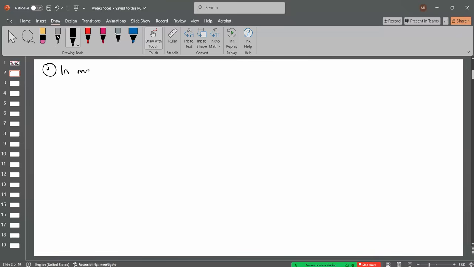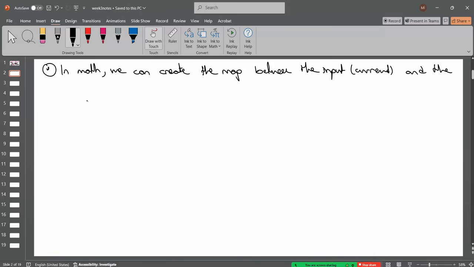In the math or mathematics, we can create the map between the input, this is the current, and the output, this is called the output triggered current.